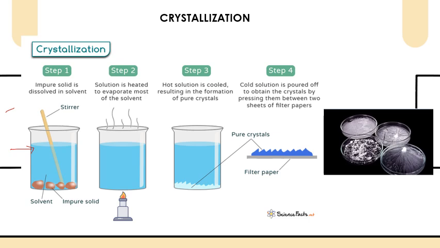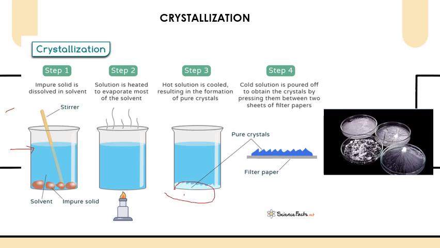So you have to make sure that the product is thermostable. The hot solution is then cooled, resulting in the formation of pure crystals at the bottom of the container.